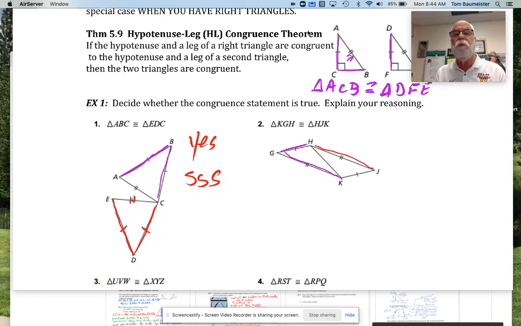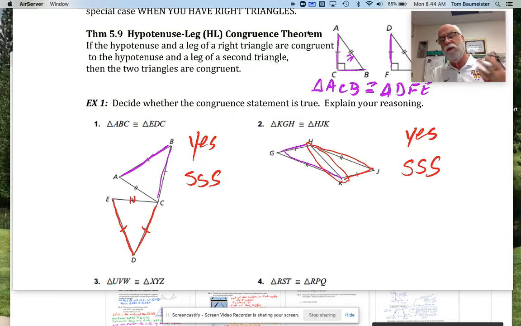I went through the one marked 2, and I went through the one marked 1. And remember, this one right here, I've told you before that a side is equal to itself because of the reflexive property. So remember that one. So on this one here, again, we can say yes, and again, it's by the side-side-side congruence theorem.